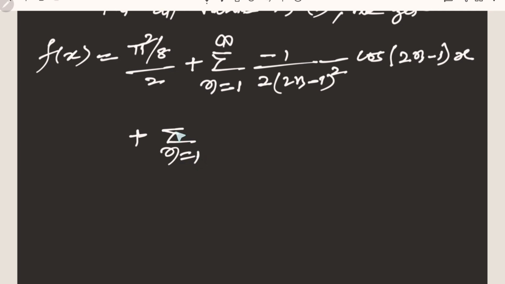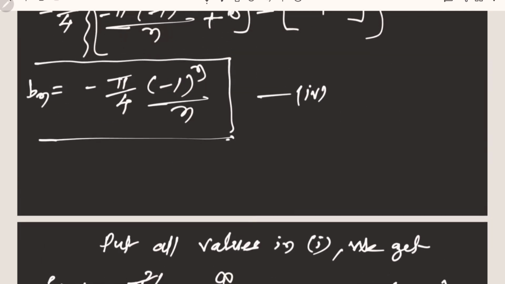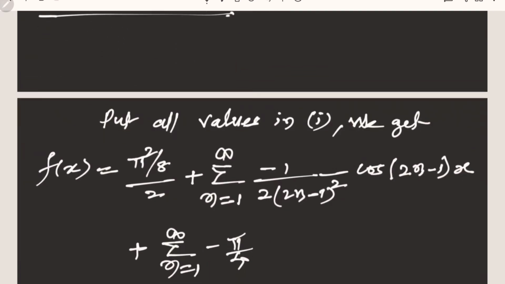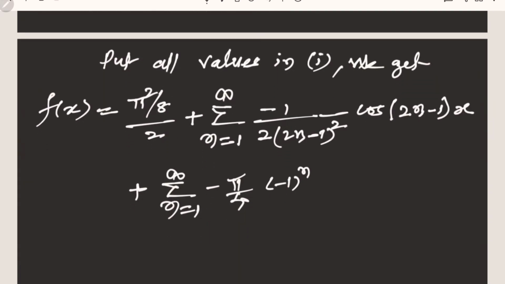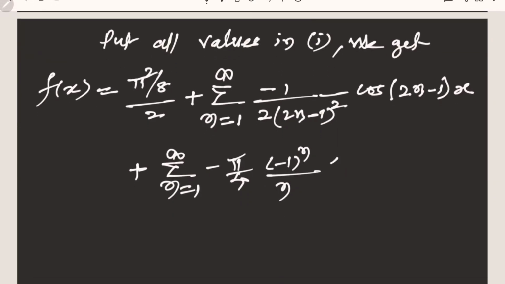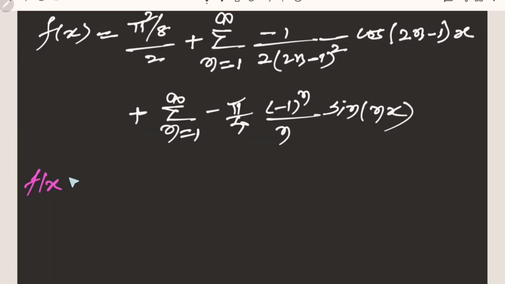Everywhere we have to replace n by 2n-1. And in bn, the value is -π/4 (-1)^n divided by n into sin(nx). And this is the required Fourier series.